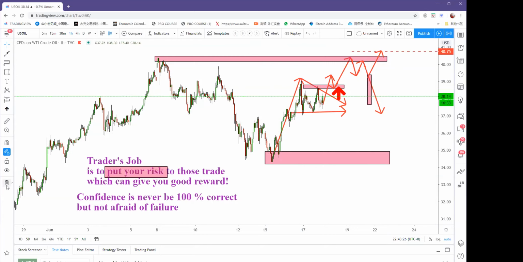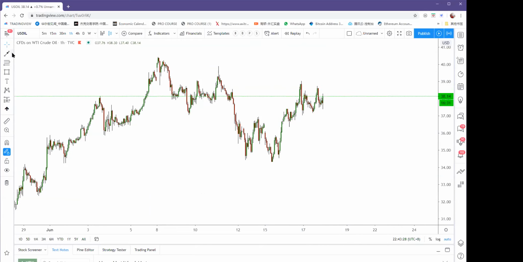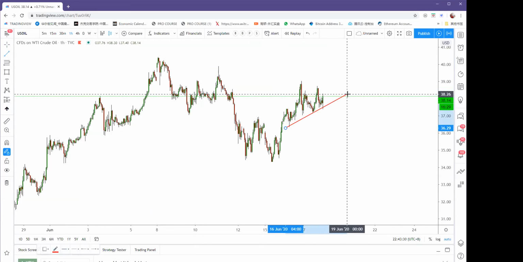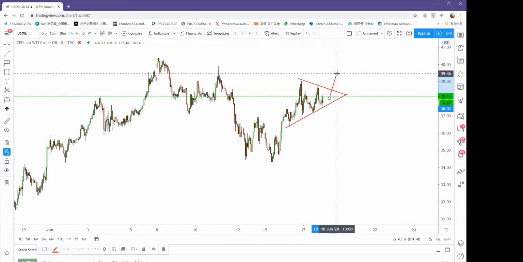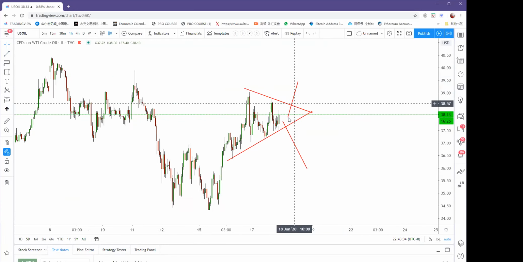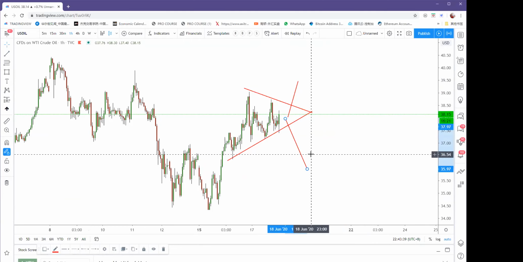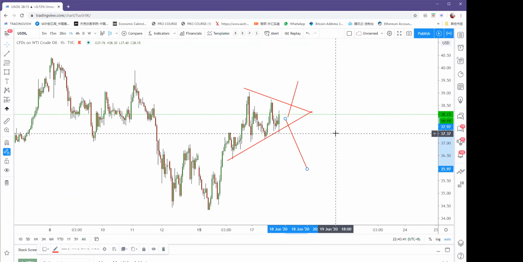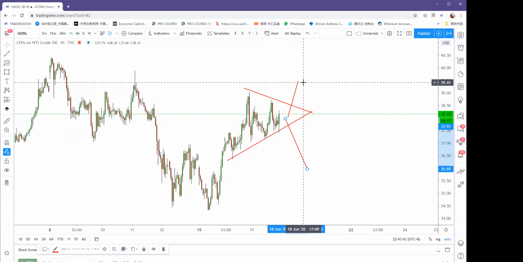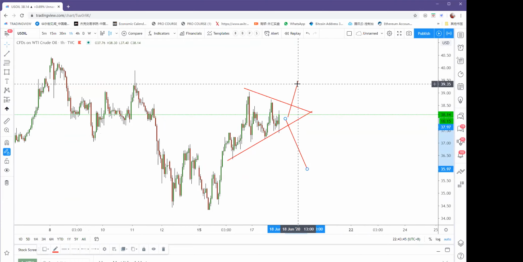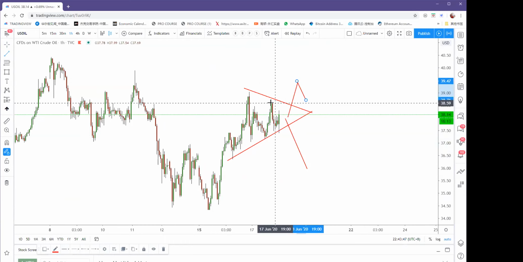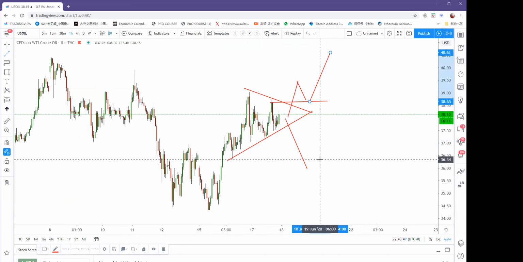Because trading is really not a game of always being right. It's hard to guess when the market will go up or when the market will go down. That's not important. We don't guess the market, we trade the market. If it goes up, give me a pullback, I will buy, and I will become a winner.